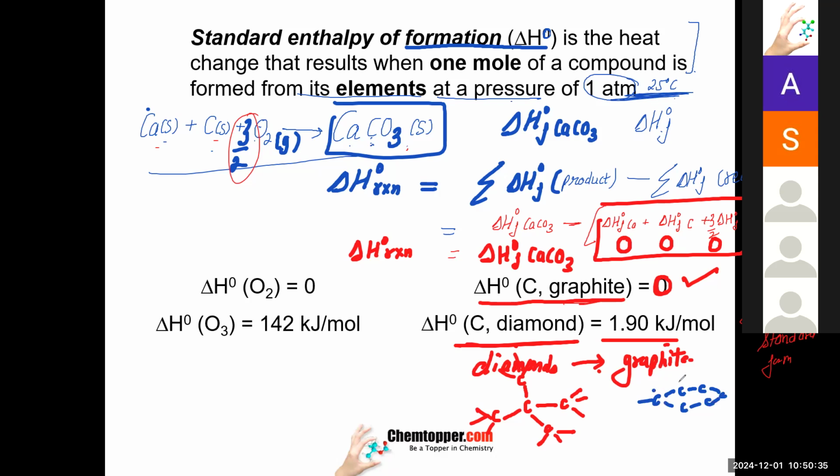Then there is one free electron on each carbon. These electrons are delocalized like this. Due to this delocalization of the electrons, the layer structure, graphite is more stable.